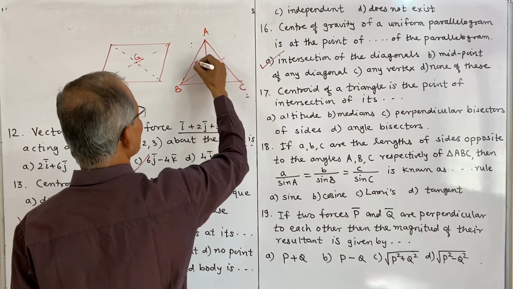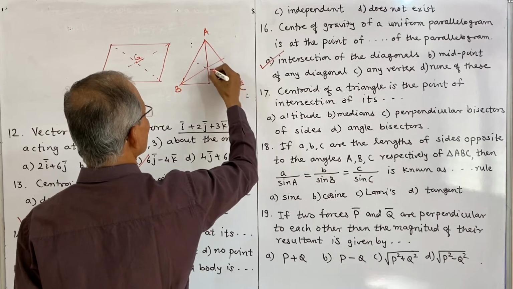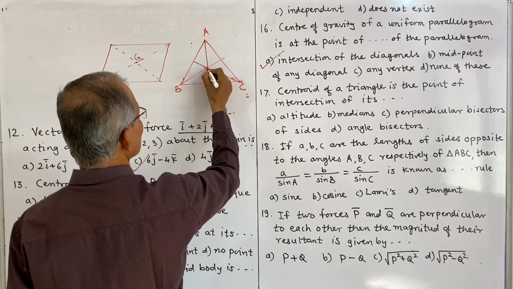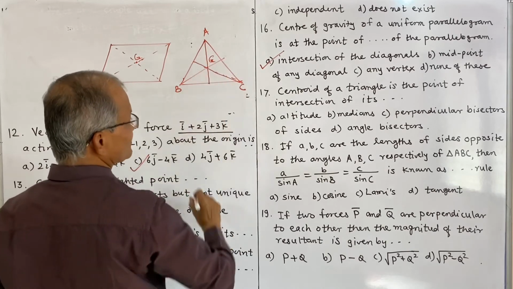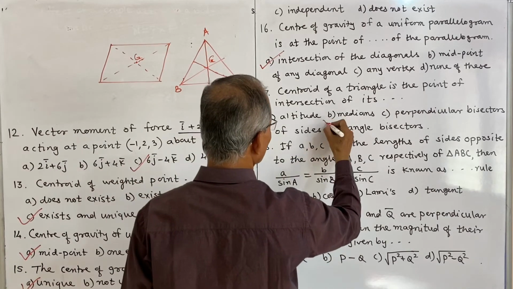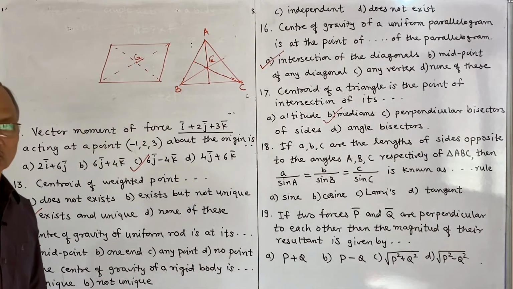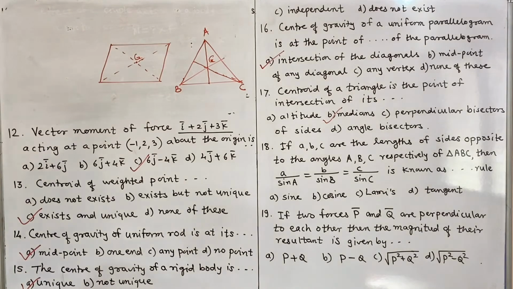These are concurrent, and this point is known as the centroid of the triangle. So here it is medians: the point of concurrence or intersection of medians is the centroid.